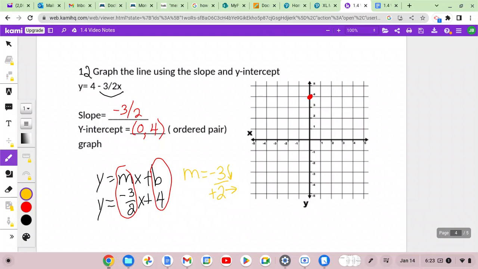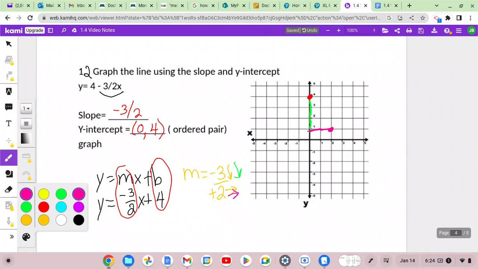So to show you, in green, for the going down 3, from the 0, 4, go down 1, 2, 3. Then in pink for the 2, 1, 2. And that gets us to our second point. Always graph the y-intercept first.